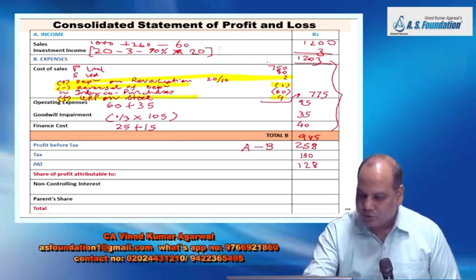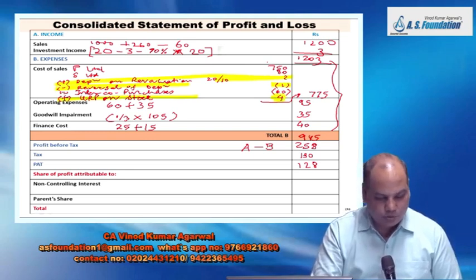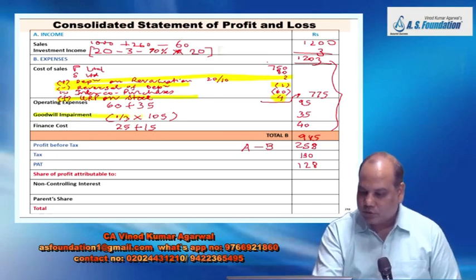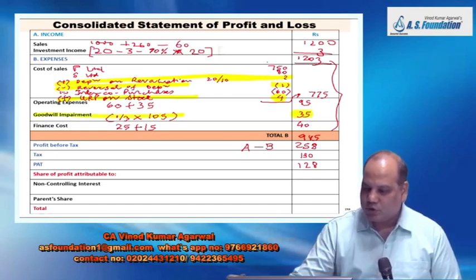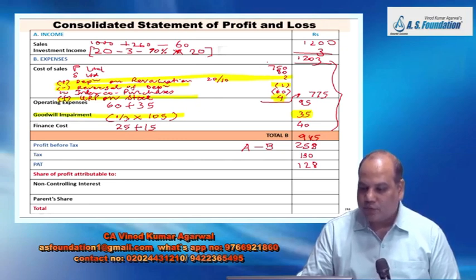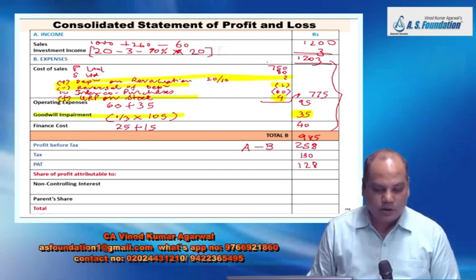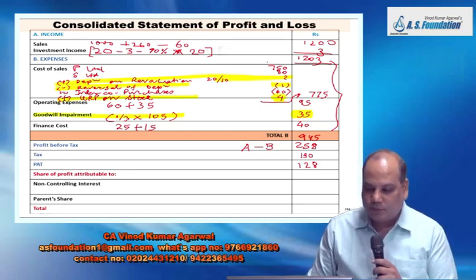Unrealized profit on stock. Yes or no? And what about goodwill also? Because it is based on fair value. So goodwill impairment. So the profit of the subsidiary for calculating NCI share will be adjusted for depreciation on revaluation, reversal of depreciation on profit, unrealized profit on stock, and goodwill impairment in case goodwill is based on fair value.